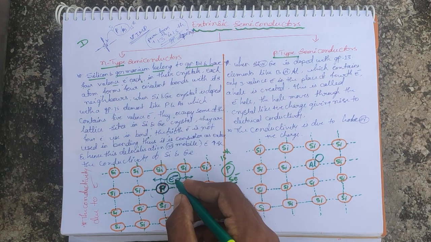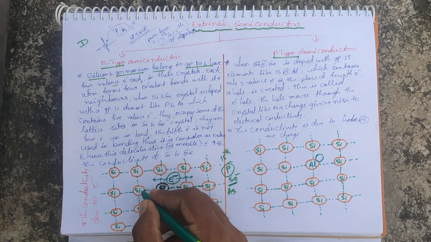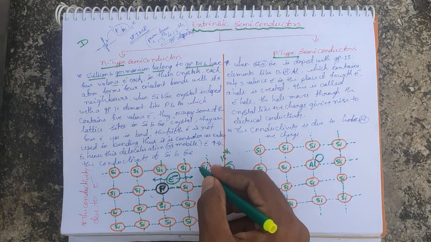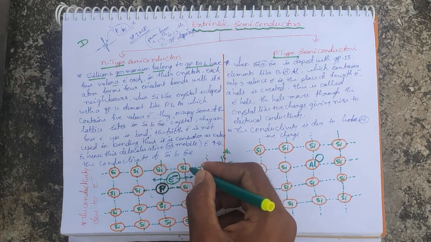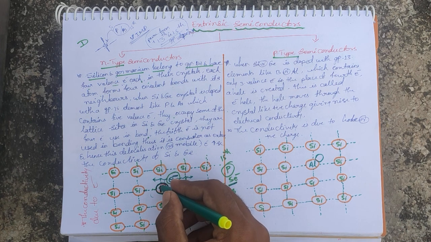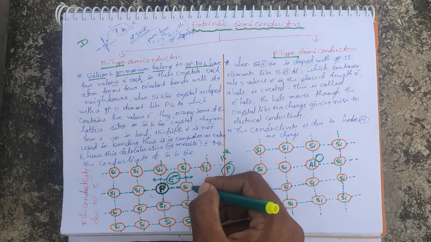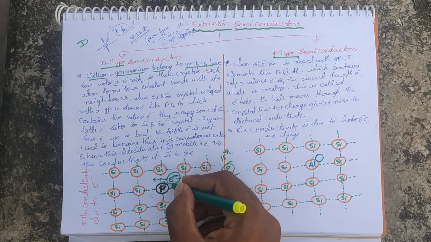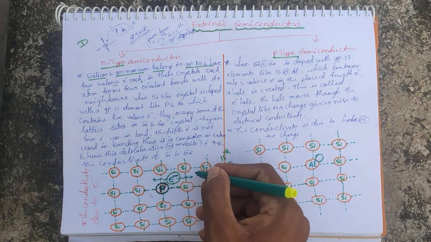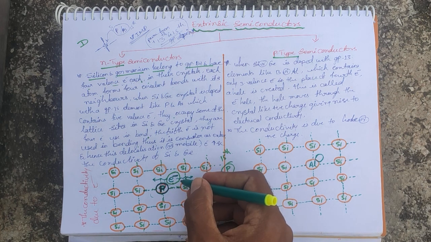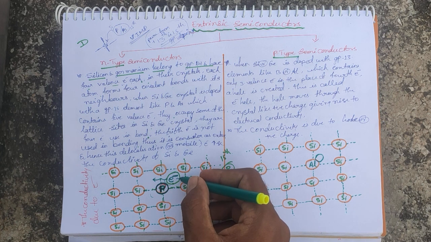Silicon already has 4 electrons, forming 4 covalent bonds. When we add one extra element, a 15th group element, the 4 electrons bind with the 4 neighboring silicon atoms, but one extra electron is left, and this extra electron shows the conducting property. Therefore, the fifth electron does not bind with any other atom.